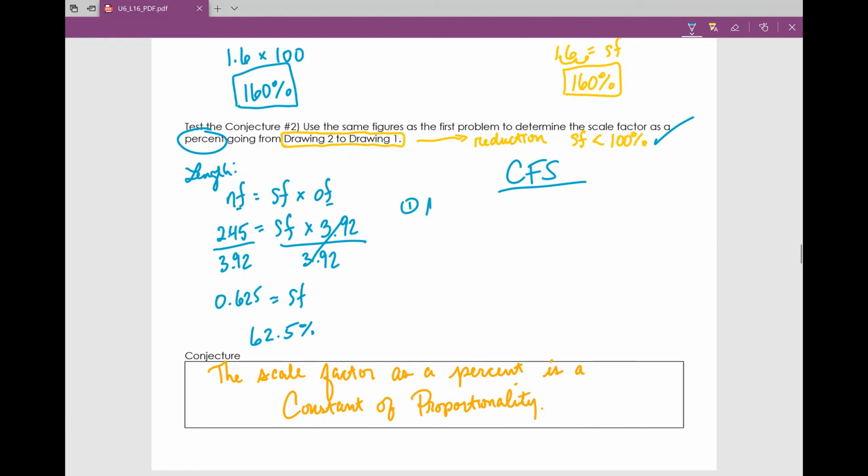This time we annotate for enlargement or reduction, the original figure measurement, and scaled figure measurement.